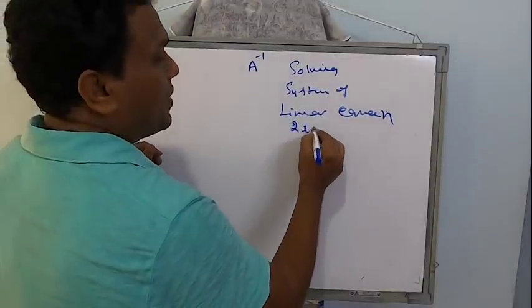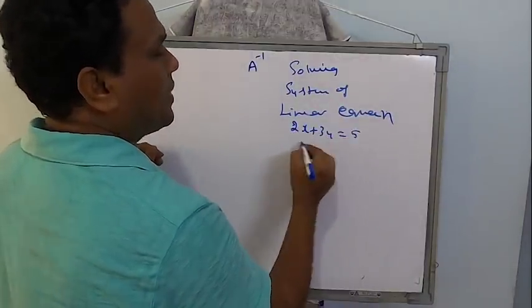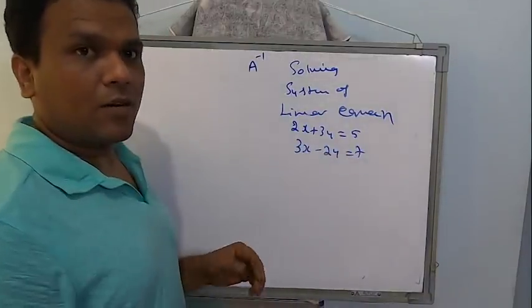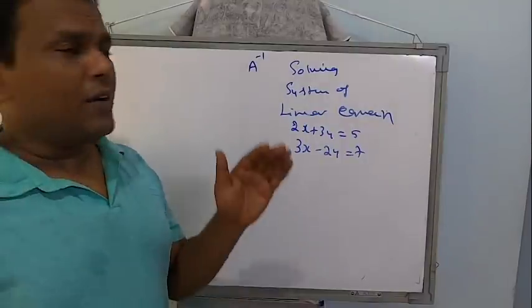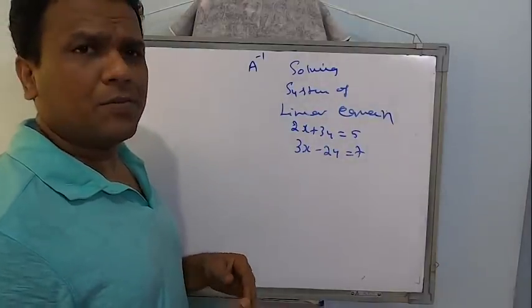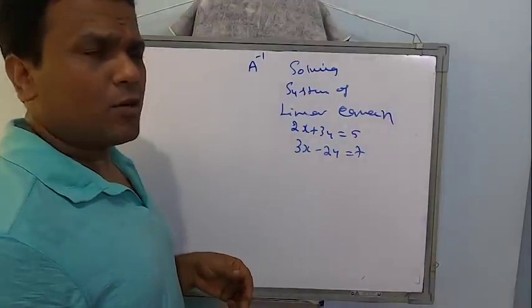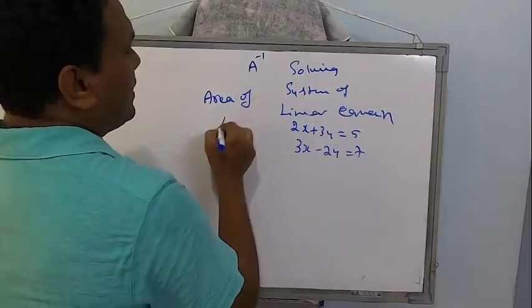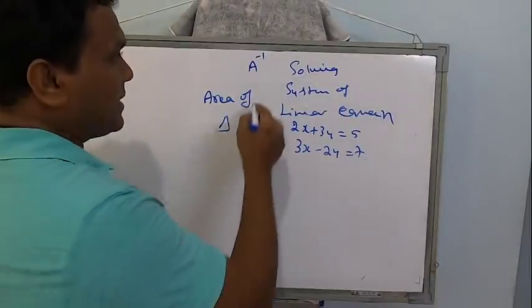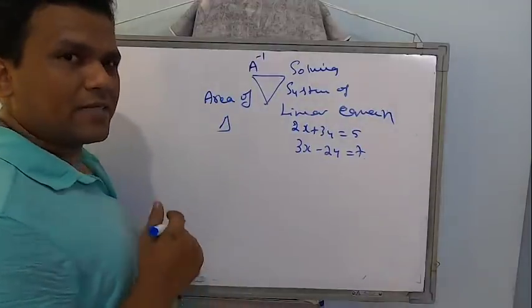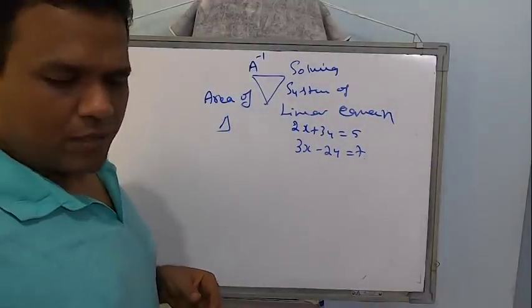Now we have studied 3x plus 4y equal to 5, or 3x minus 2y equal to 7, something like this. We have studied how to solve them by cross multiplication and by simultaneous equations. There are many methods we have studied, correct? Apart from this, it will help us in finding the area of a triangle. These are the three practical applications of determinants, where exactly it's going to be used. Okay, students?